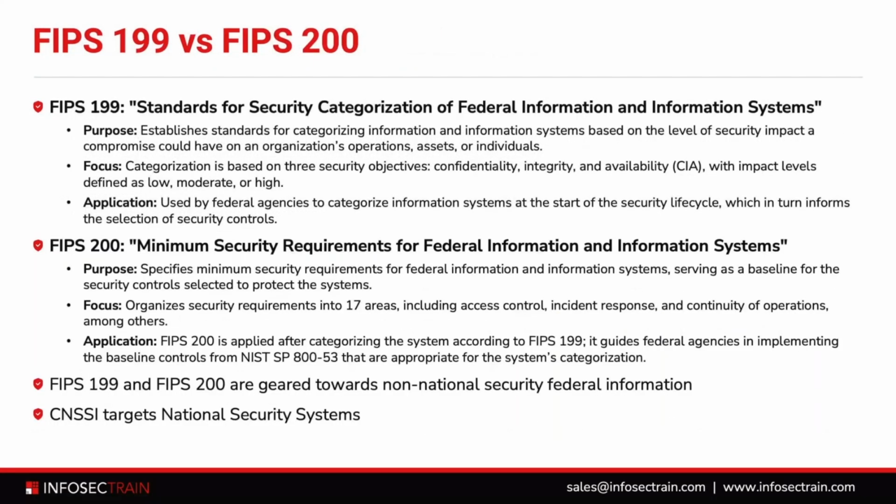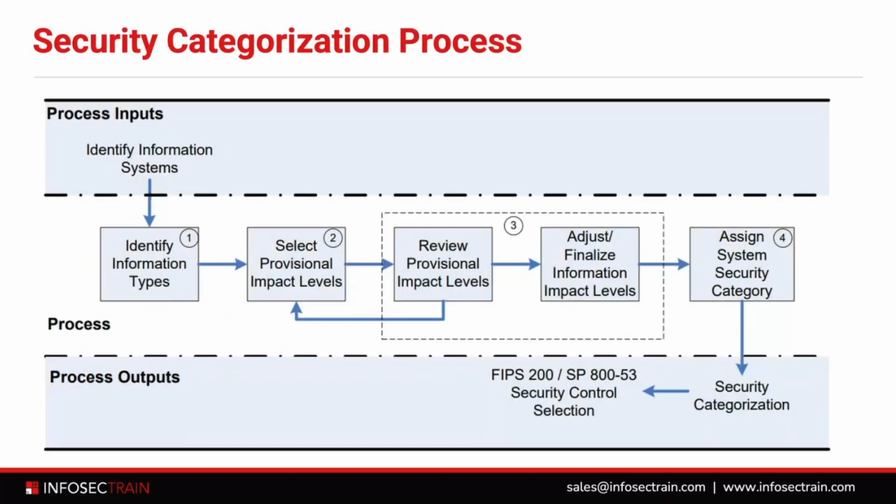So this is the workflow for the security categorization, how a security categorization process really kicks in. First, we need to identify what the information types and system types are. Then we have to understand the provisional impact level with respect to CIA they can have on the associated systems.